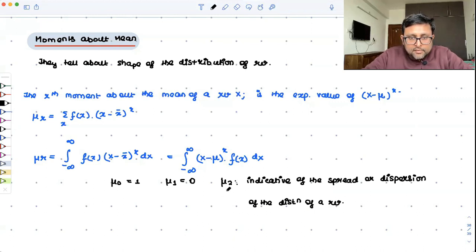And this is nothing but the variance of x. This is nothing but the variance of x, right?